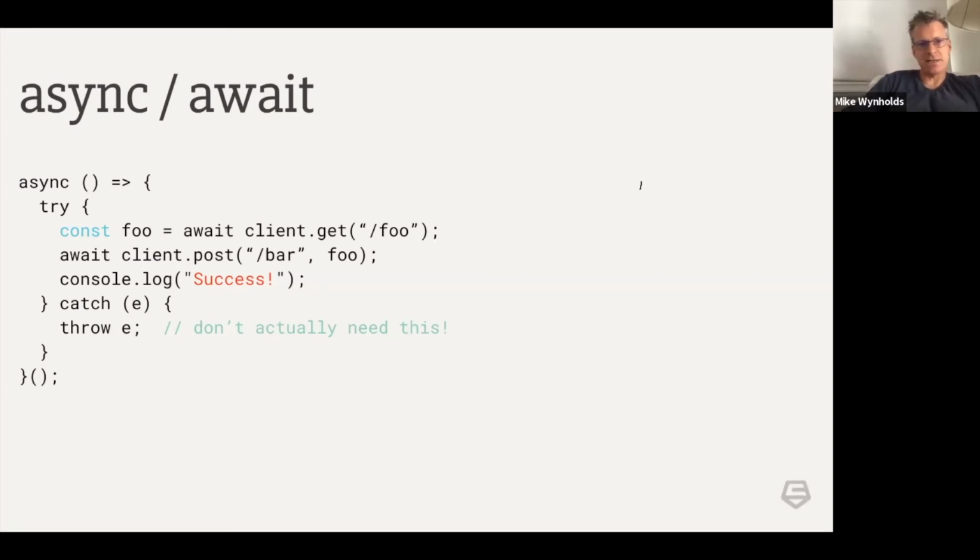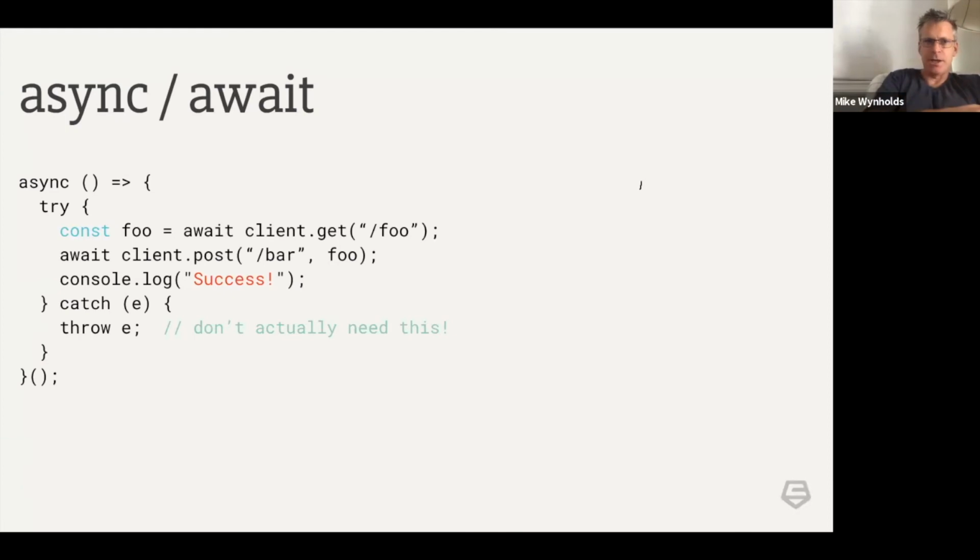But once you're inside an async block, instead of passing a callback or getting a promise, you can just say await, like on that third line there, and it will automatically wait until the thing is done, resolve the promise to get you the thing you want, and throw the error if it was rejected instead of resolved. Now, I put try catch in here so it would look like the first thing we did.